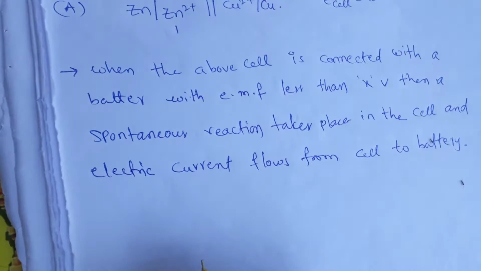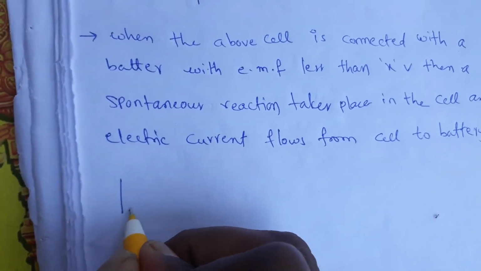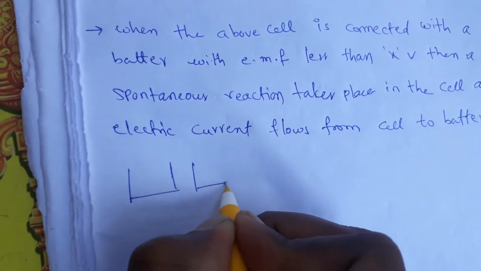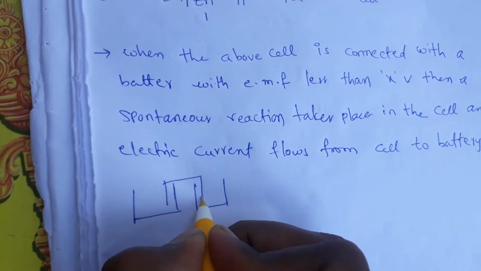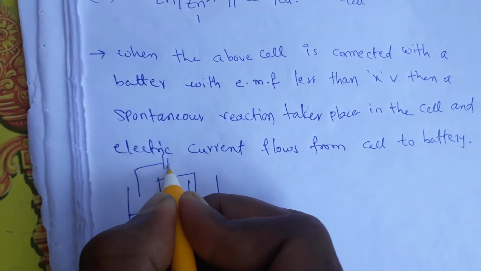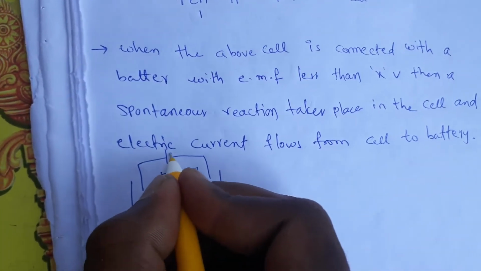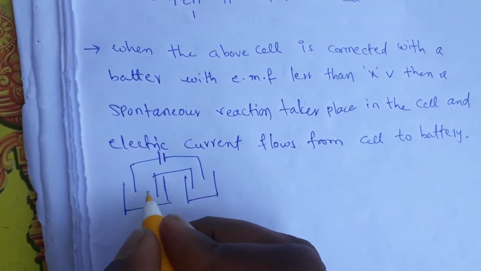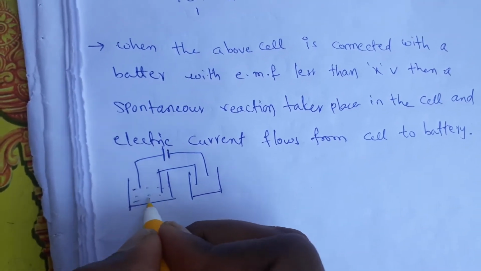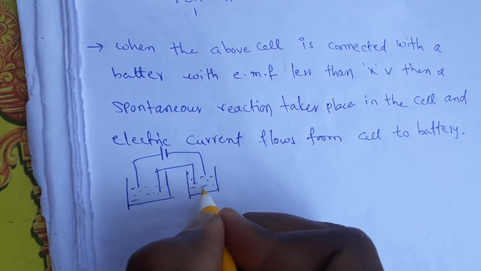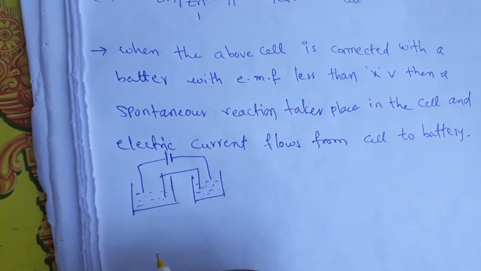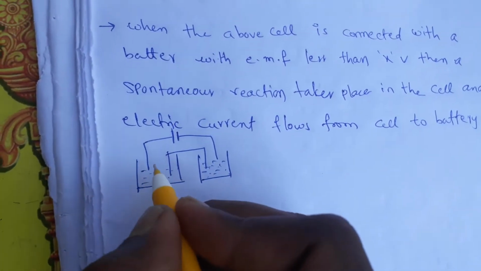What is the meaning of this? If you take these two beakers with a salt bridge, and here you connect the battery, some electrode potential is generated due to the charge separation between the ions.